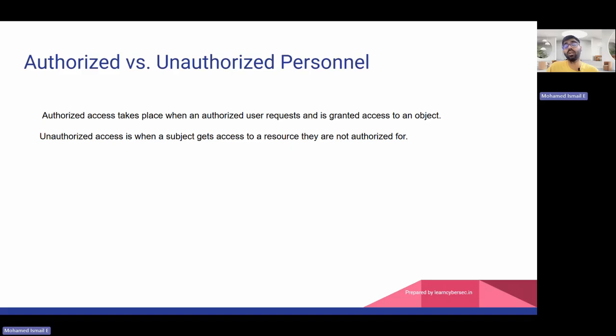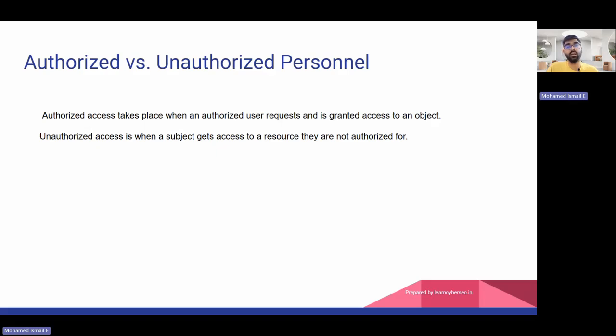Next, authorized and unauthorized personnel. When you are the right person to access the resource, you are authorized to access. For example, as a student, you have access to your college. Because you are the student, you joined the course, the college gave you access, you are authorized to enter, you are permitted to enter into college premises.